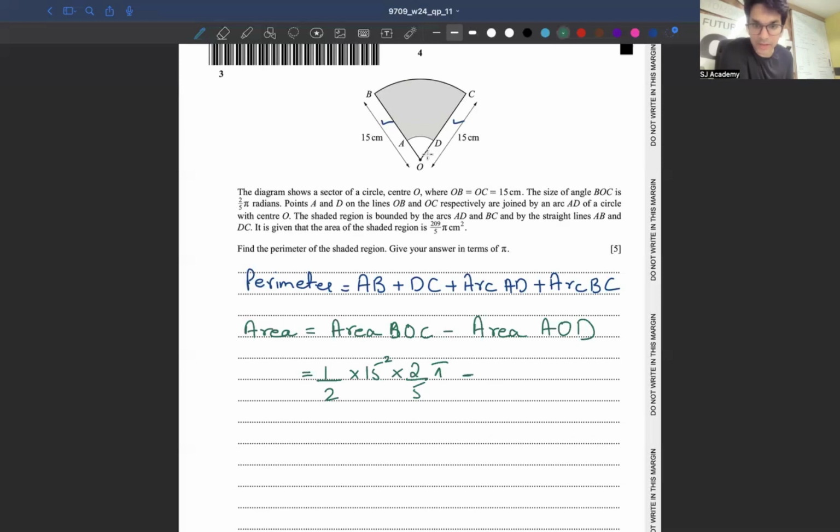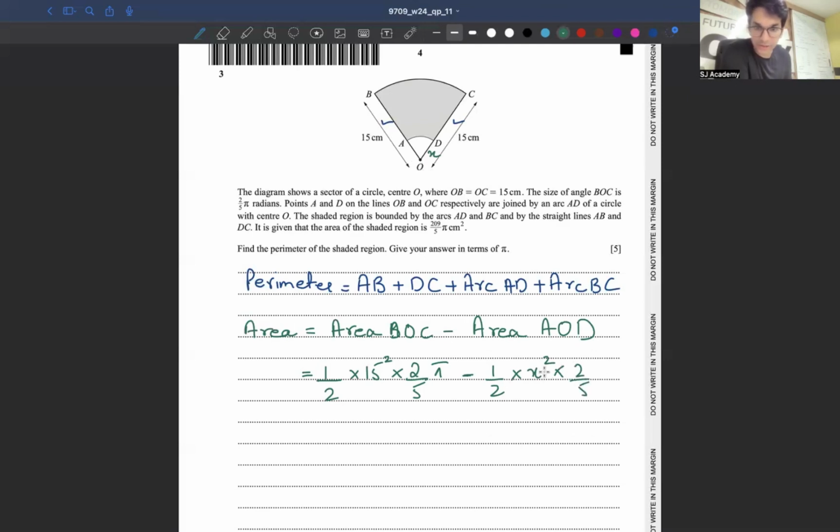Now let's assume that this length is x. So in any of these questions, if we have an unknown value, we should directly assume it by giving it an unknown value like x, y, or z. So we know that the area AOD will be equal to half into x squared into the angle, which is 2 upon 5 pi.